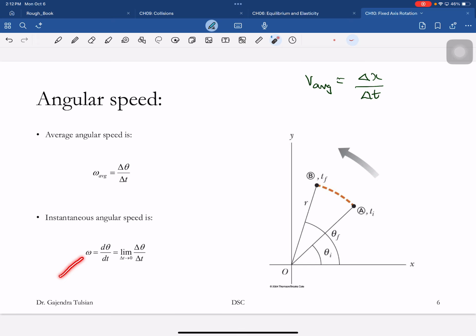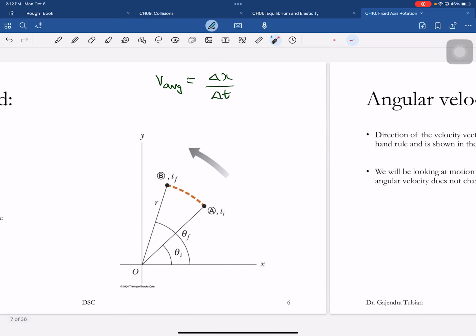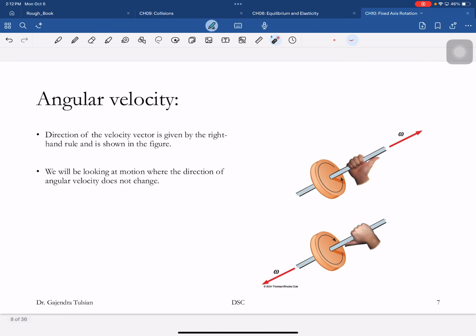So this is the angular velocity. Here's the direction of the velocity. For one-dimensional linear motion, which way could the velocity point? Either to the right or to the left. So you didn't need a number for the direction of the velocity.